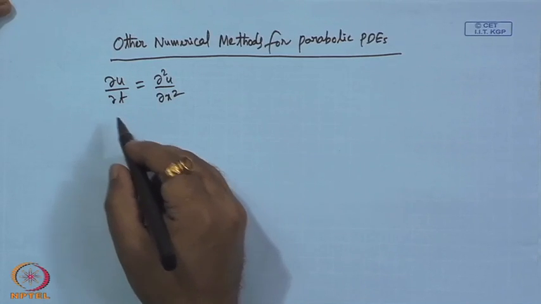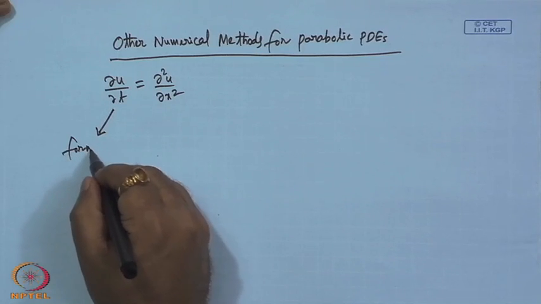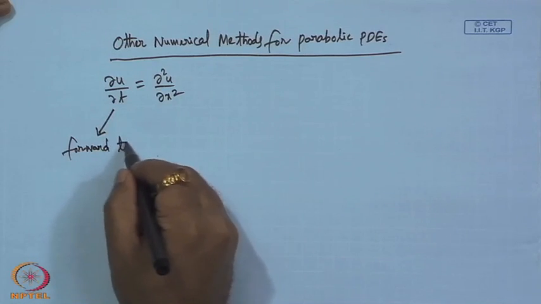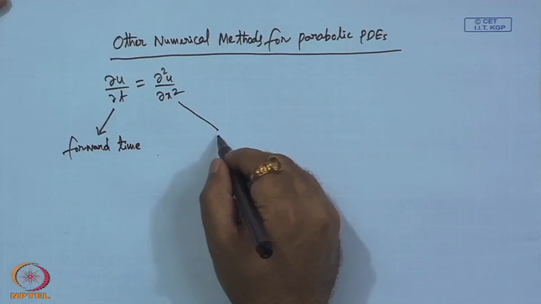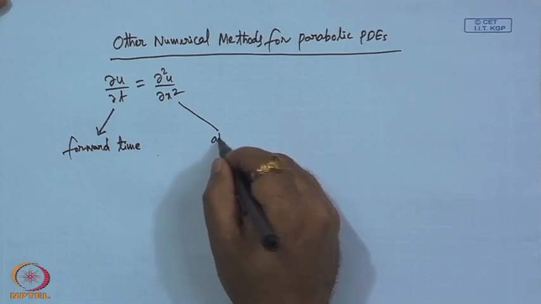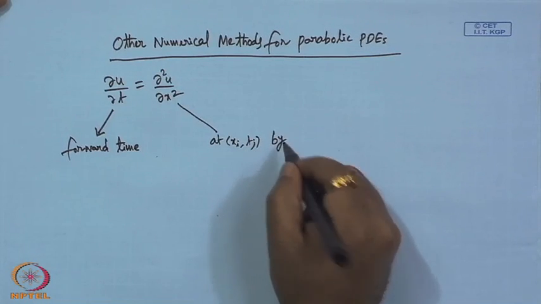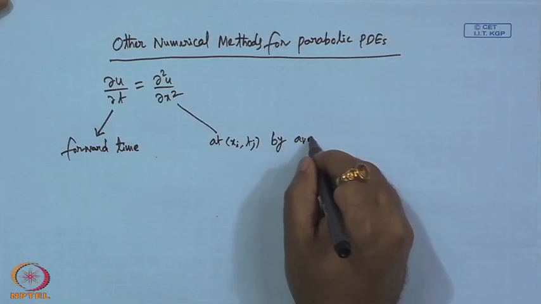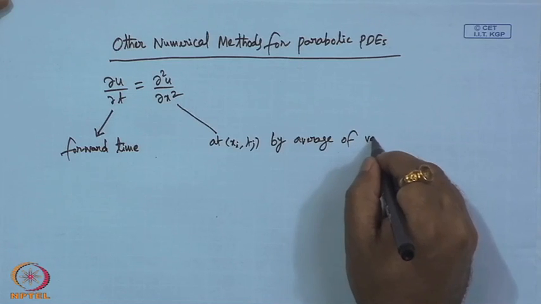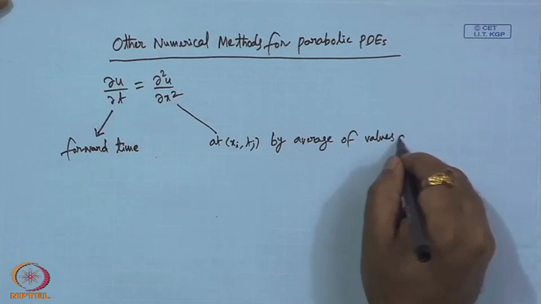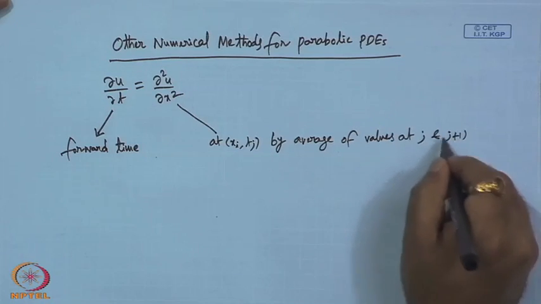So, now let us approximate this by forward time, but this one at x_i, t_j by average of values at j and j plus 1.